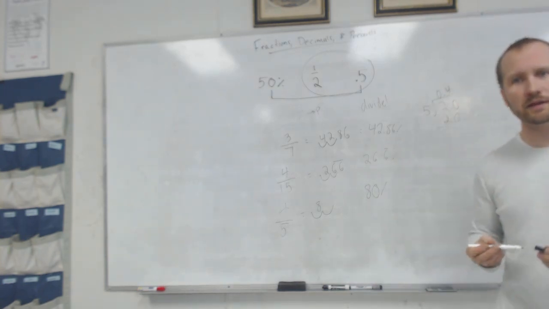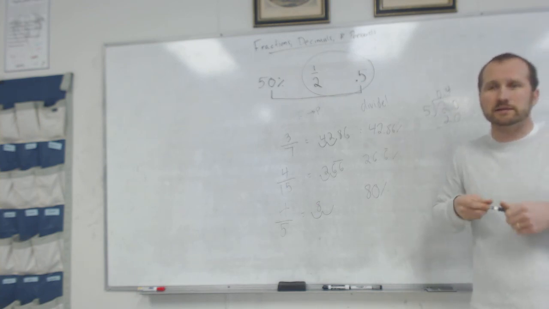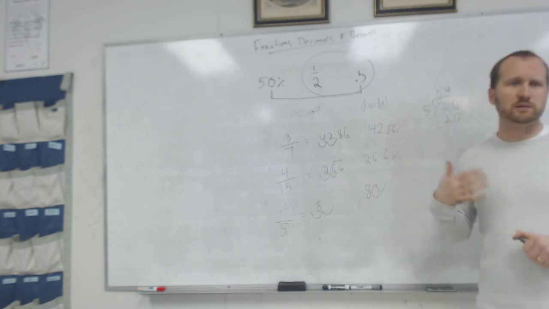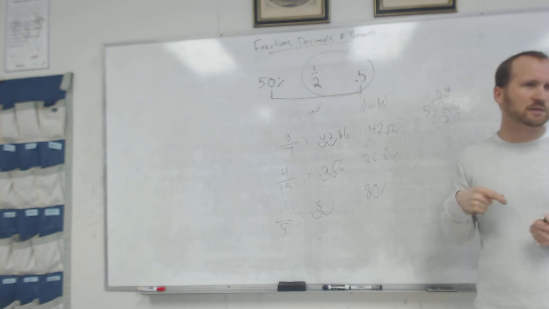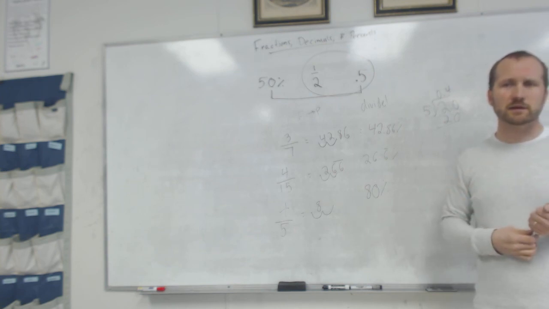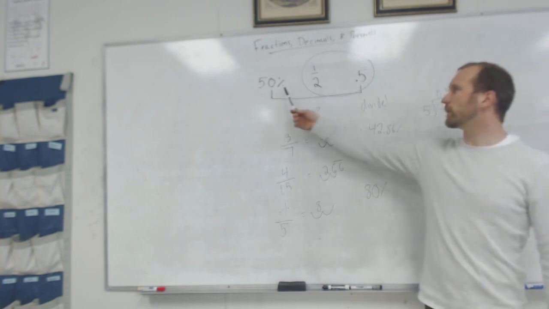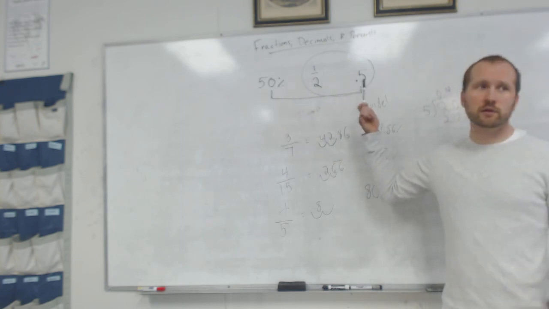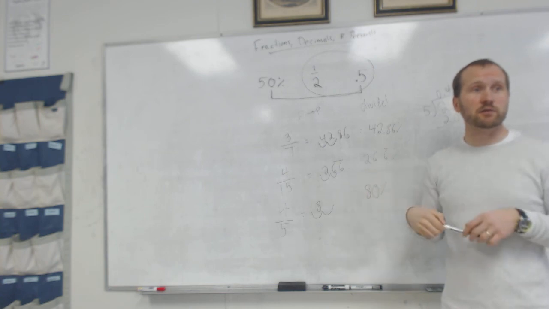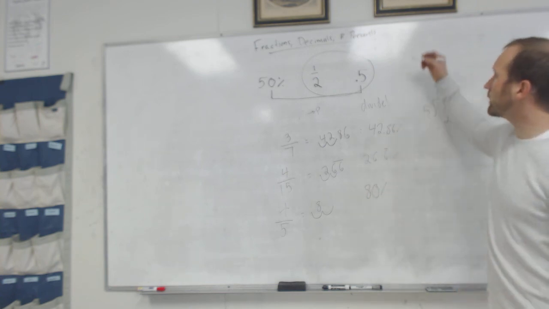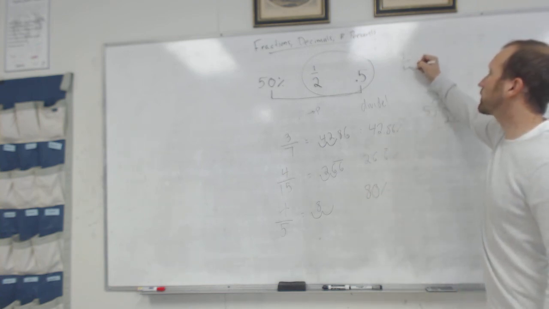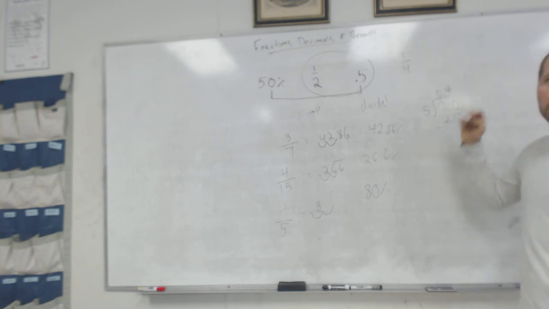I want to say a couple things though. As you're doing this, you're trying to remember these processes and these steps, but you can also use a little bit of your common sense, right? Like we all know 50% is 1/2. And there's some other ones that you might start to recognize. I bet you could tell me what 1/4 is as a percent.